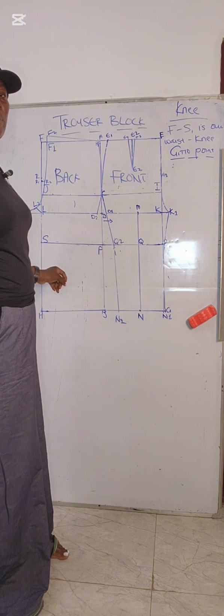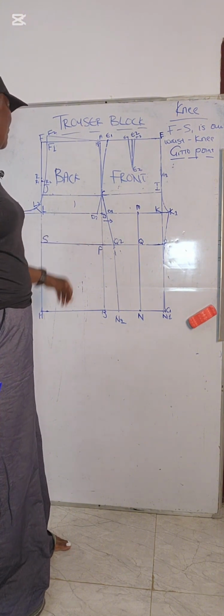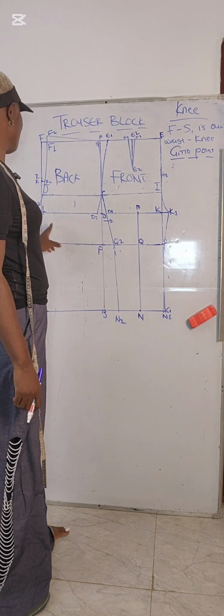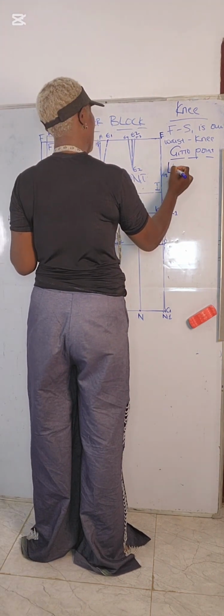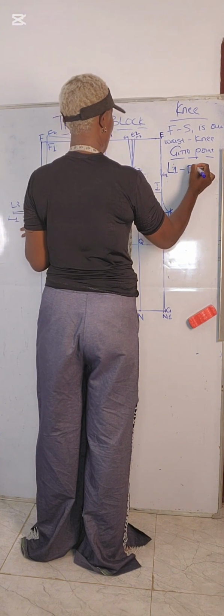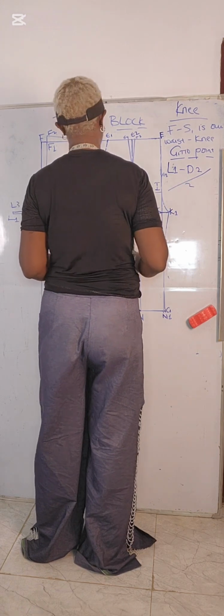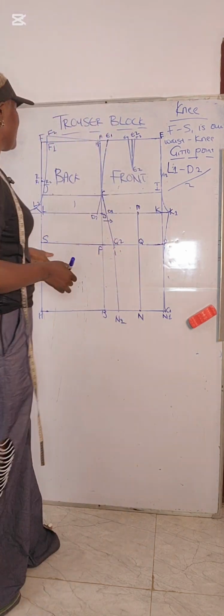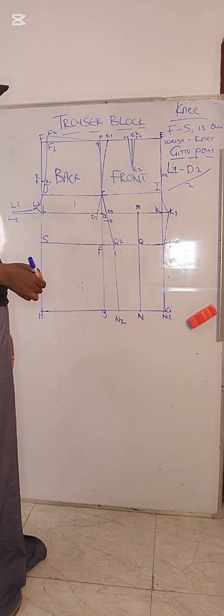We are going to do the same thing to our back pattern. To get my G2 line in my back pattern, I'm going to say L1 to D2 divided by 2. G2 line is L1 to D2 divided by 2.